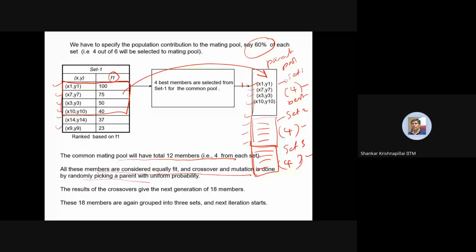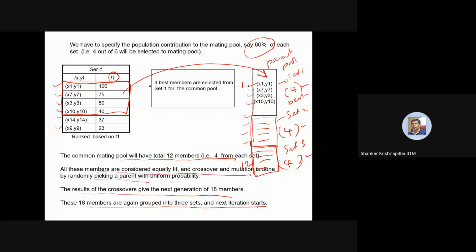You generate a random number between 1 and 12, then you pick one parent. Then you generate another random number between 1 and 12, and you pick another parent. That way you get 2 parents to cross over. The results of the crossover give the next generation of 18 members. These 18 members are again grouped into 3 sets, and again the iteration starts.